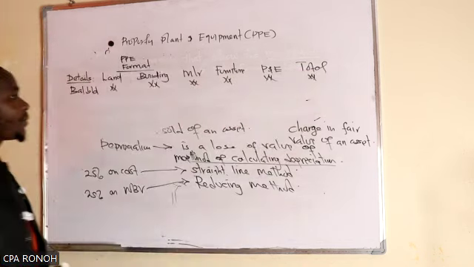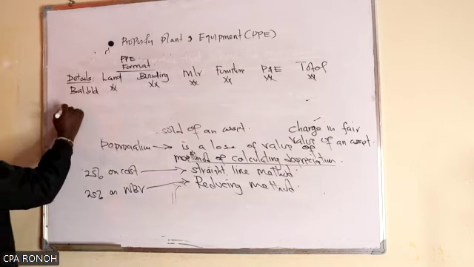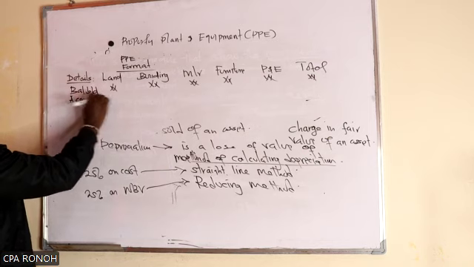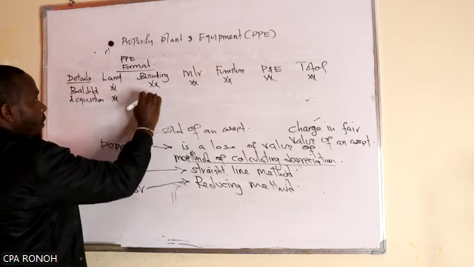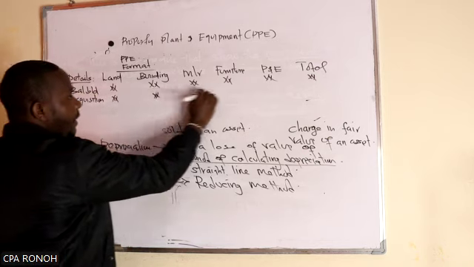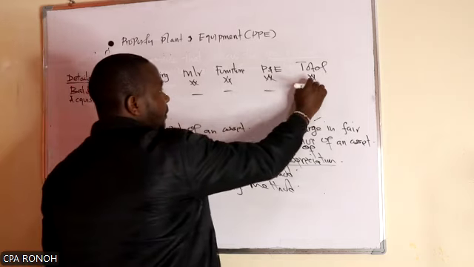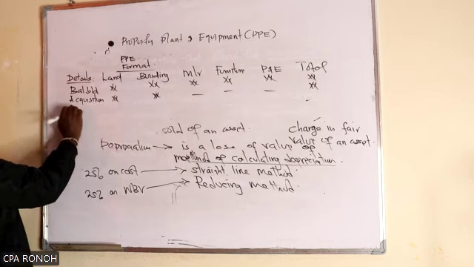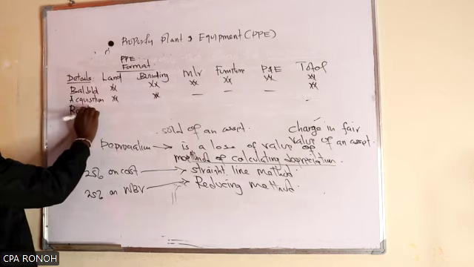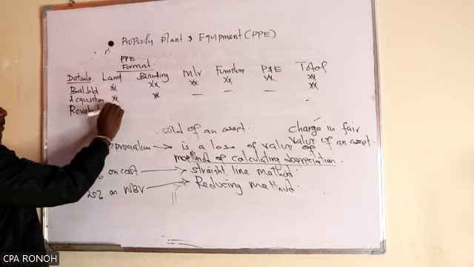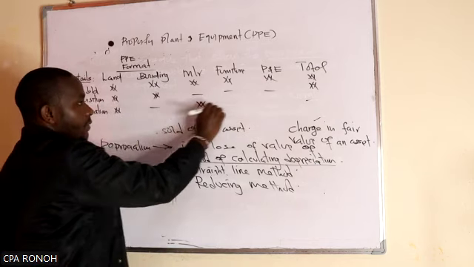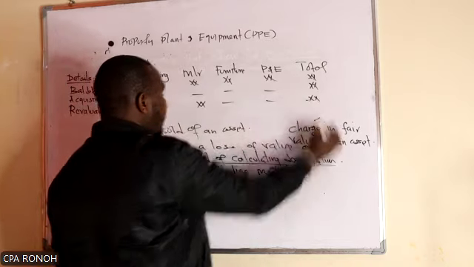And then we will have, if there is any acquisition during the year, acquisition. So maybe we have acquired one. And then revaluation. If there is any revaluation, maybe we have revalued land and motor vehicle, the other ones remain constant.